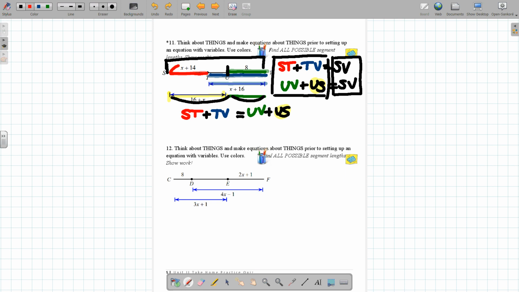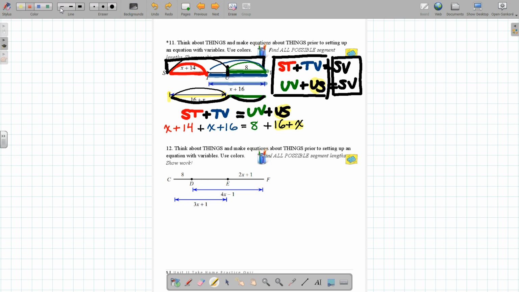So ST right there, that is X plus 14, plus T to V, and then X plus 16, equals U to V, which is 8, plus U to S, which is down here, 16 plus X, which on our color coding is yellow.